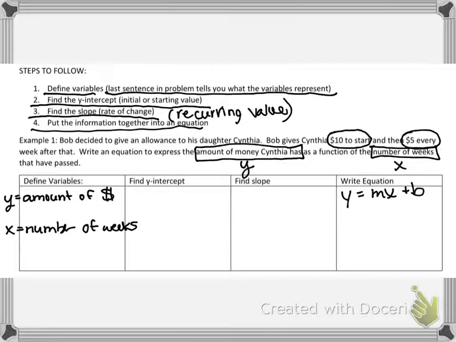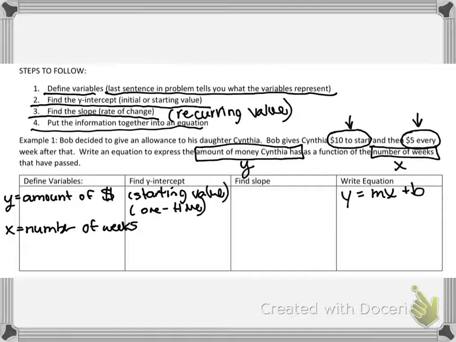So our y-intercept is either $10 or $5. Remember, the y-intercept is the starting value, and we're looking for something that is a one-time value or one-time payment, if you will.